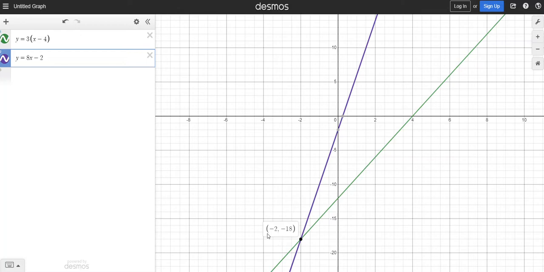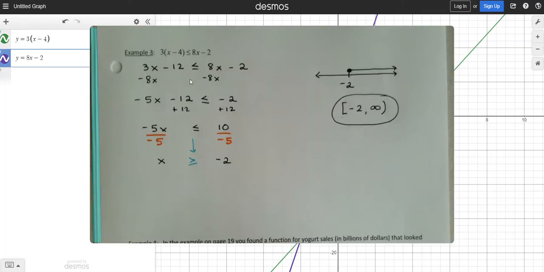But how do I know whether it's the x's smaller than negative 2 or bigger than negative 2 based on the graph? Well, if you remember back here, we wanted the first one to be less than or equal to the second. So the first one's supposed to be smaller than the second.